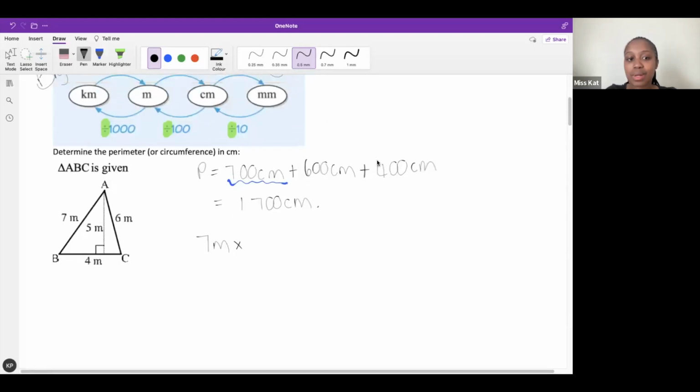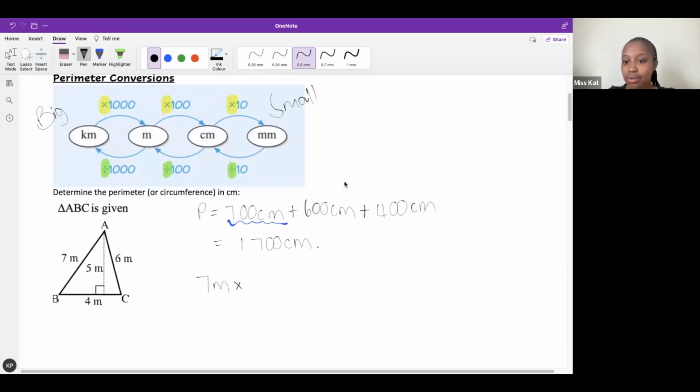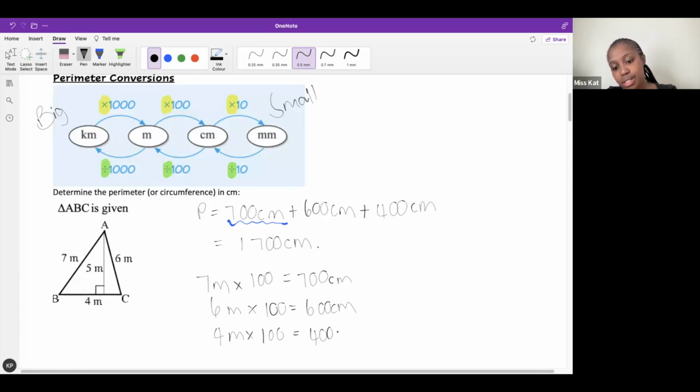By 100. Wonderful. And this will give us 700 centimeters. And then we have 6 meters multiplied by 100 to get 600 centimeters. And then finally, 4 meters multiplied by 100 to get 400 centimeters.